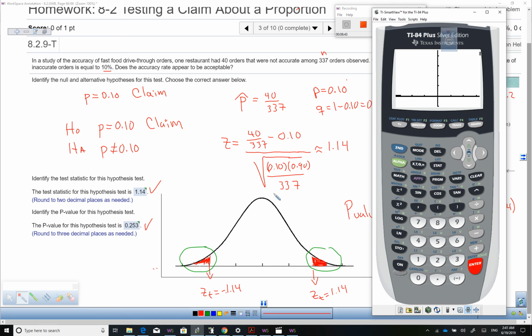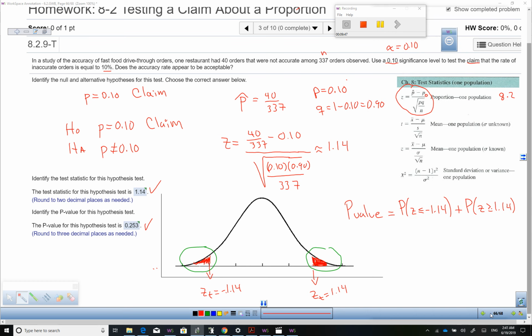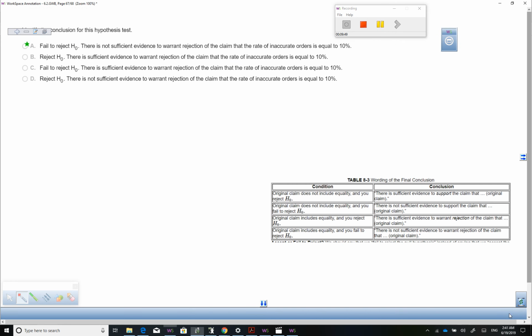Okay. So the next part of this problem is writing the conclusion. Again, let me see. The null hypothesis was that p is equal to 0.10, and the alternative hypothesis is p is different than 0.10.